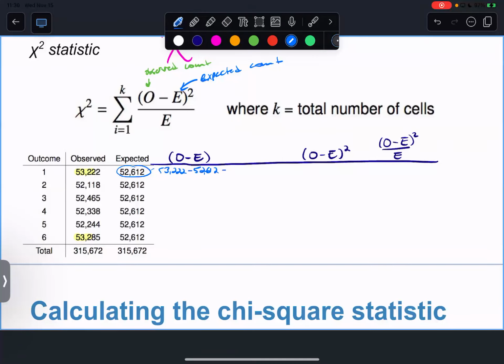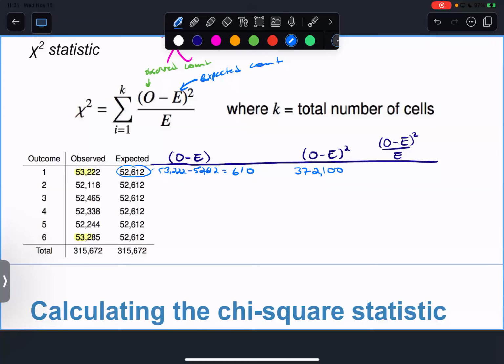So 53,222 observed minus expected 52,612 is 610. 610 squared is 372,100.